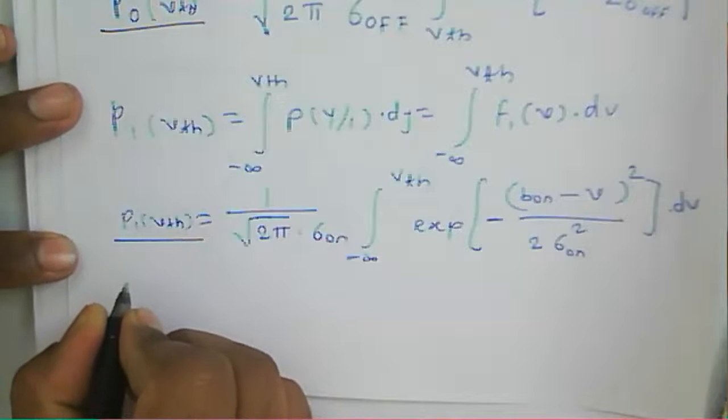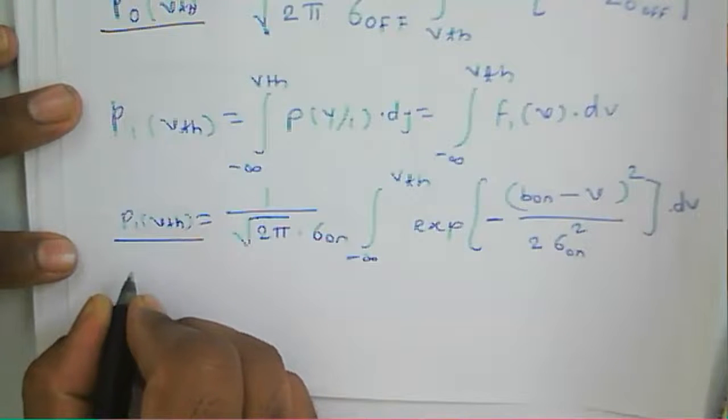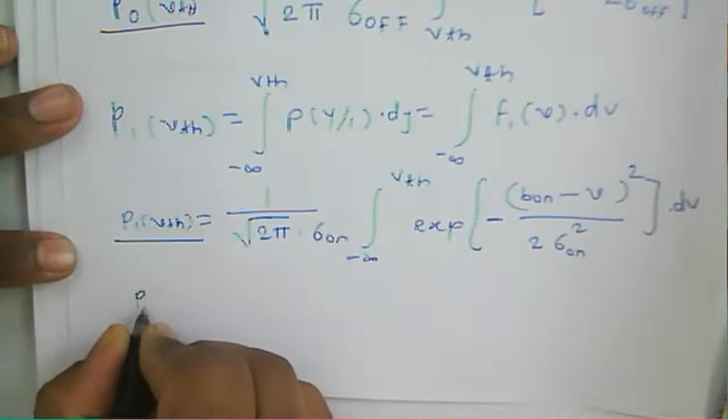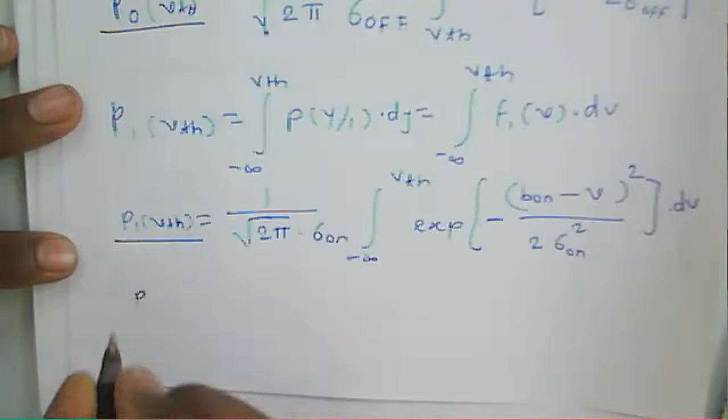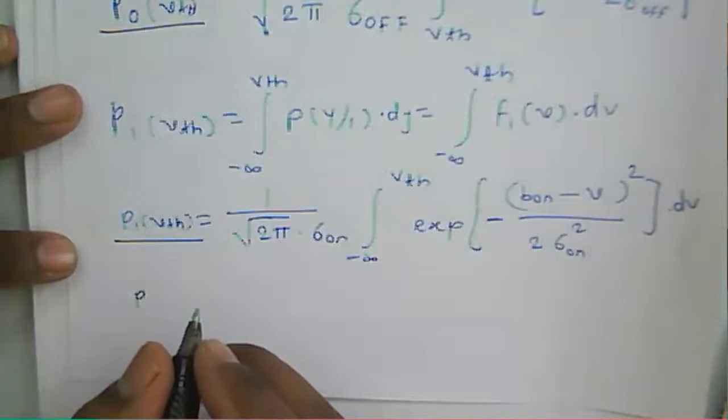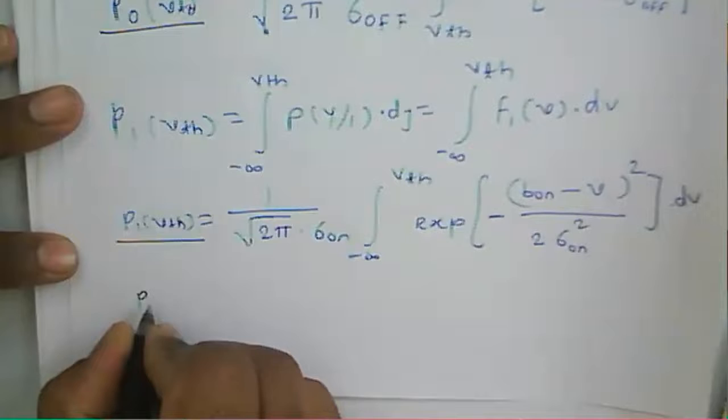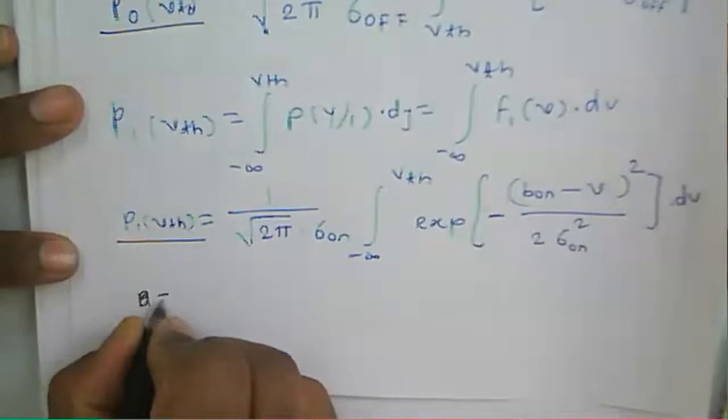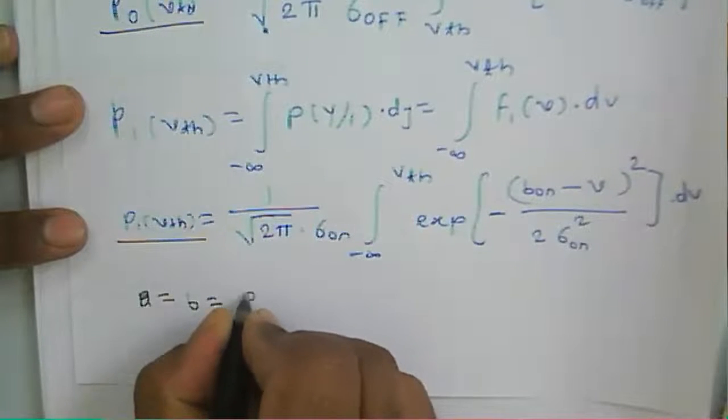So we say that the probability of 0 or the probability of 1 is transmitted, meaning the occurrence of that bit, A and B, generally we say that A is equal to B is equal to 0.5.